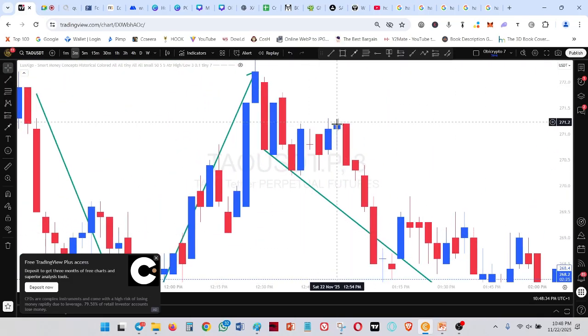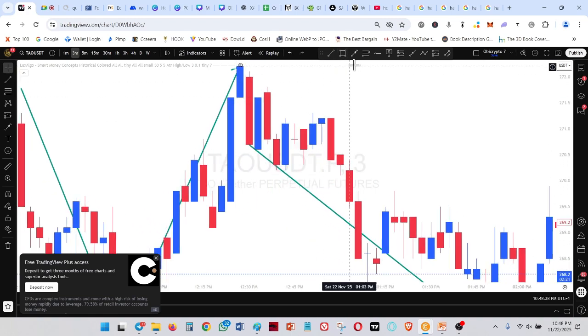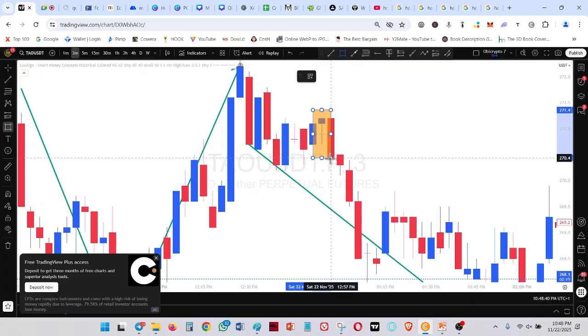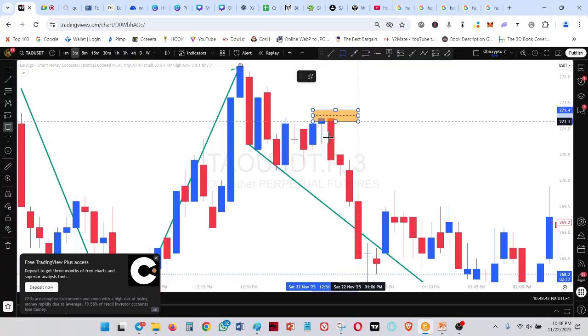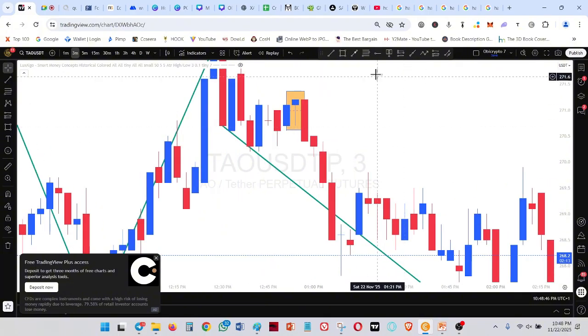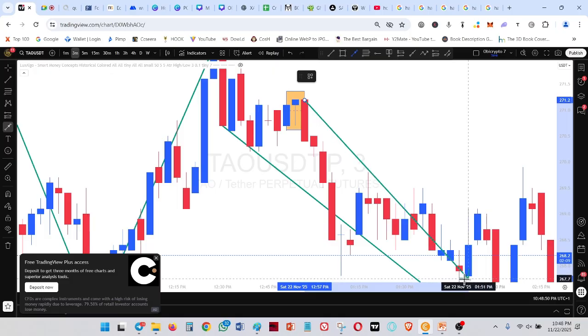So we can continue to go down. Here is also another hammer here. Do you agree this is a hammer? This one here. It's a hammer, right? And what happened?